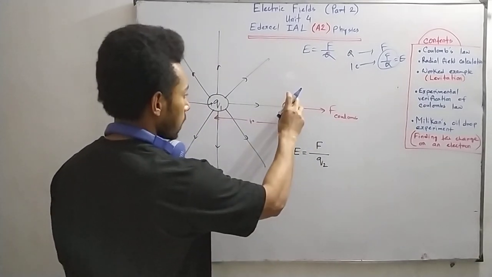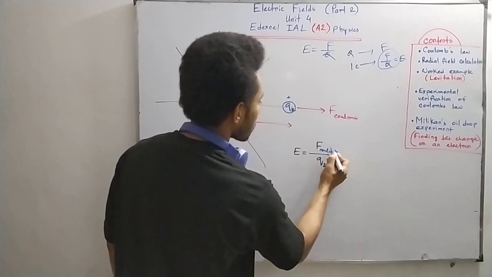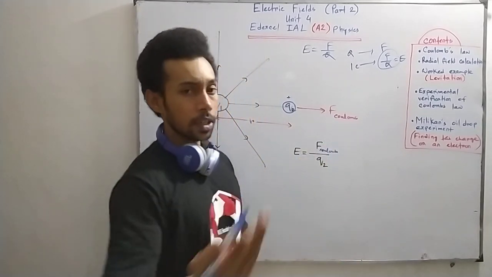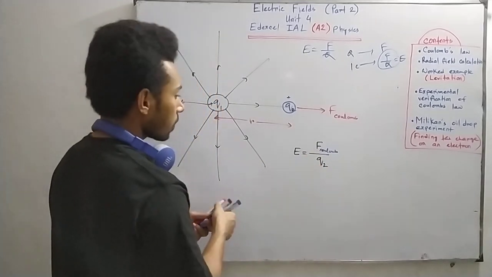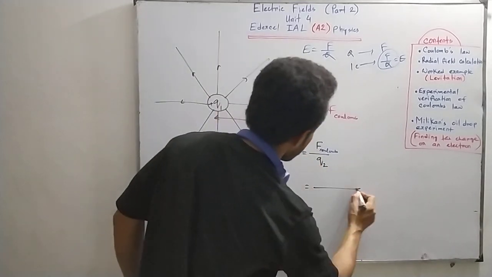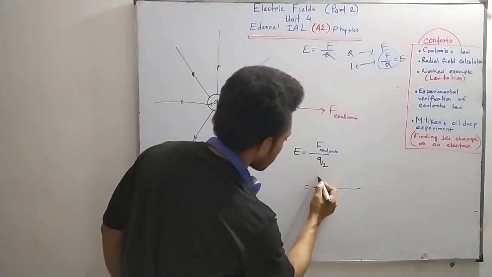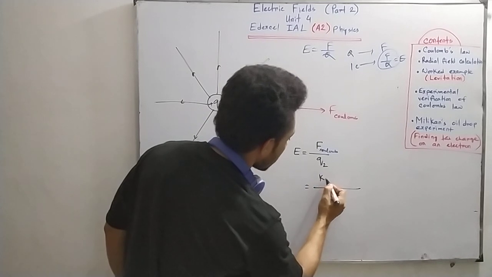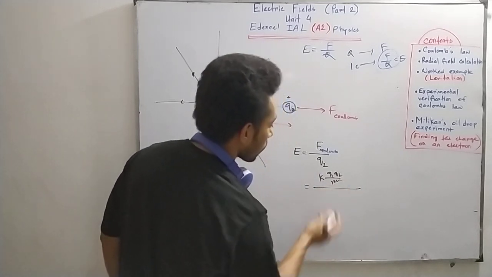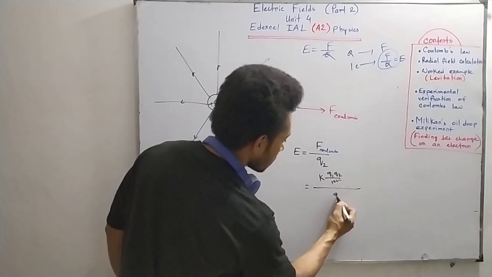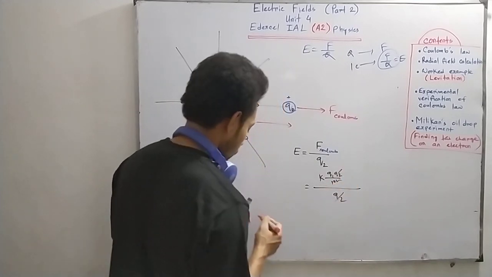So if Q2 charge experiences a force F Coulomb, then unit Coulomb charge, or per Coulomb charge, will experience a force of F Coulomb divided by Q2. And now we have the formula of Coulomb force, K Q1 Q2 divided by R square, divided by this Q2, and we can cancel this Q2 and Q2.